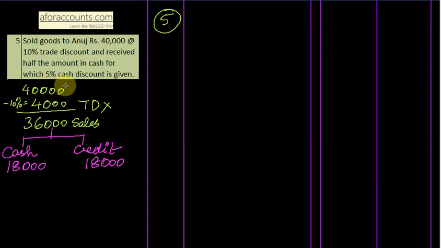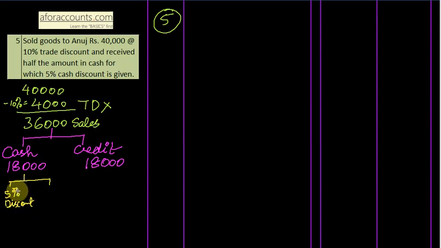Now the credit will remain as it is. Cash discount always on cash. I am giving a 5% discount because Anuj is paying me cash promptly. Okay, so I will not receive full 18,000. Out of that, 5% I am allowing as discount. So again, 5% is your discount.